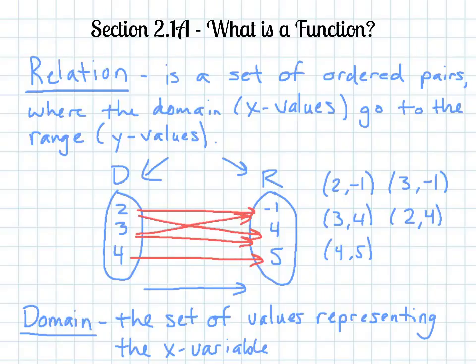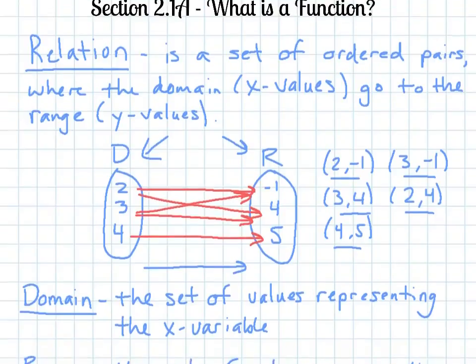So like 2 goes to -1, 2 also goes to 4, and you can see that I have written all the ordered pairs over here of all the x values that go to a y value. Okay? Now some double up, some go to different ones, but that's the basics of a relation, just a set of ordered pairs.